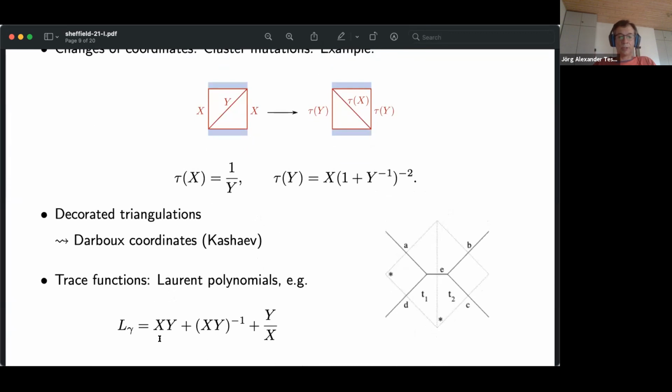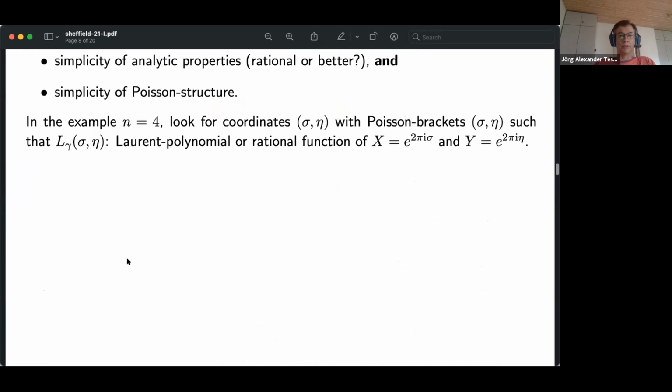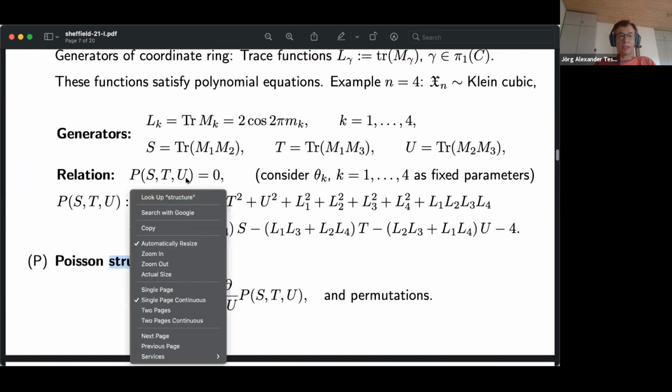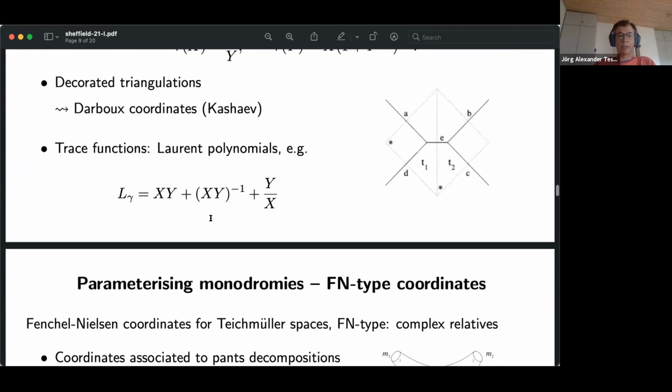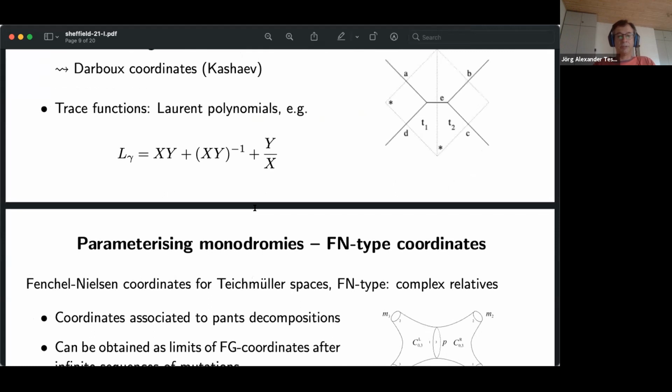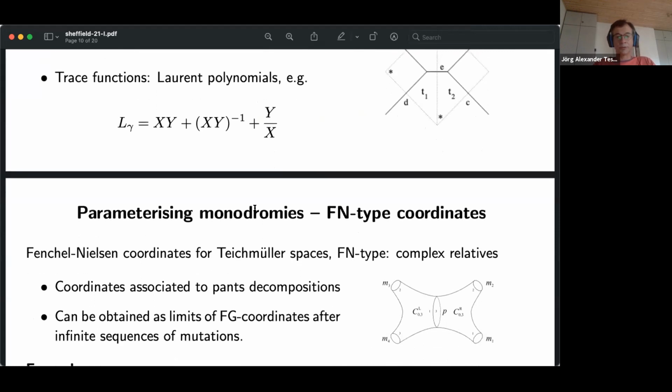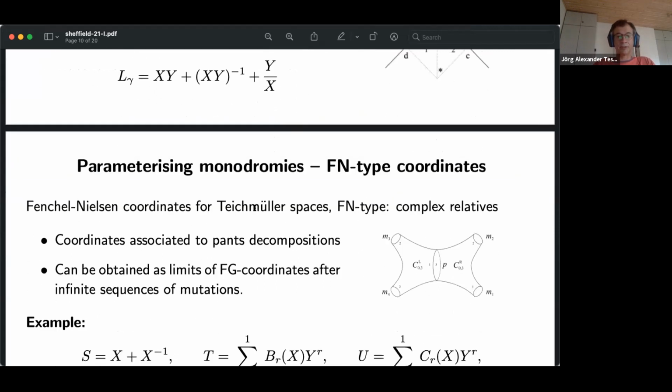We would have a formula like this expressing the trace function, which are the, say, good global coordinates on the character variety, in terms of the Fock-Goncharov coordinates. So it can look like this or much more complicated, but the common feature is Laurent polynomiality and subtraction freeness. There will always be pluses there. That is a key feature called cluster structure underlying these types of coordinates.